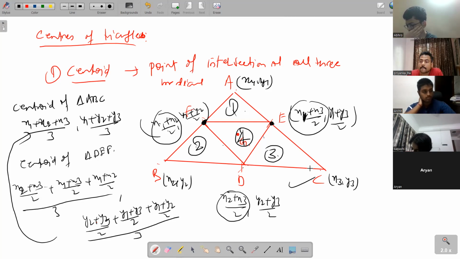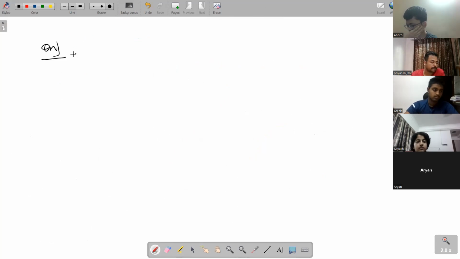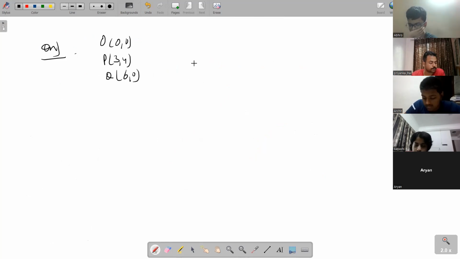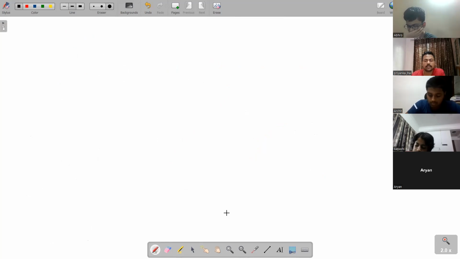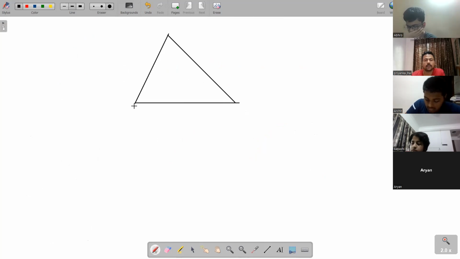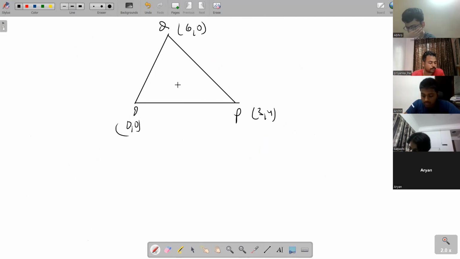Now, one question. This is O, that is the origin. This is P, that is 3, 4, and this is Q, that is 6, 0. These are the vertices of triangle OPQ. O is 0, 0, P is 3, 4, Q is 6, 0.